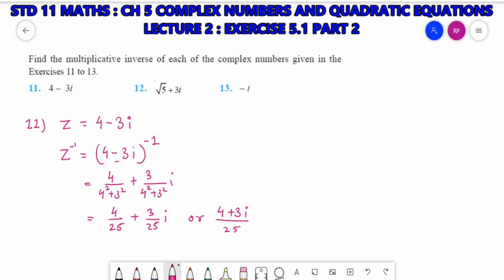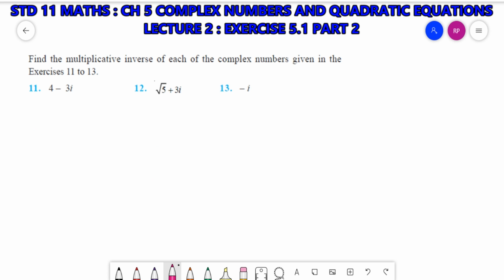Now let's see the next, that is question number 12. z is equal to root 5 plus 3i. So z inverse will be equal to the inverse of root 5 plus 3i. Let's take the shortcut again: upon root 5 square, that is 5, plus 3 square, that is 9.